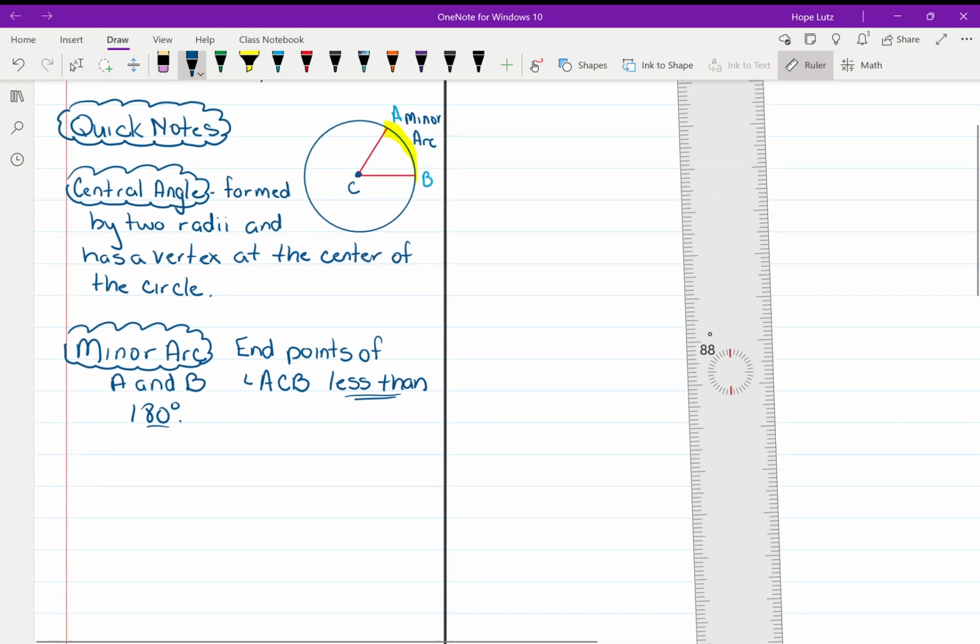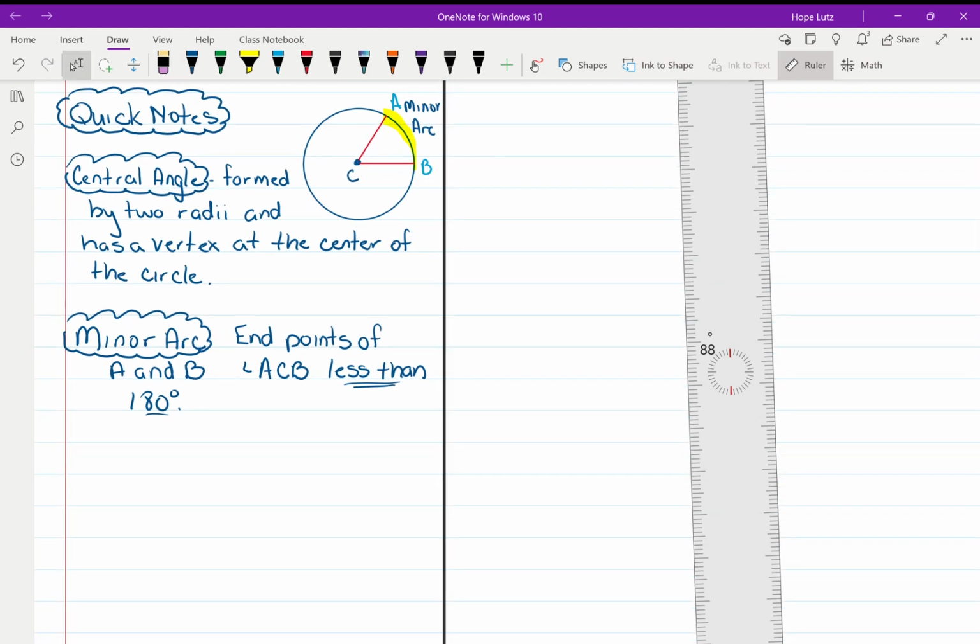So if we know that a minor arc is less than 180 degrees, when we talk about major arc, that is going to mean that we are looking at more than 180 degrees.